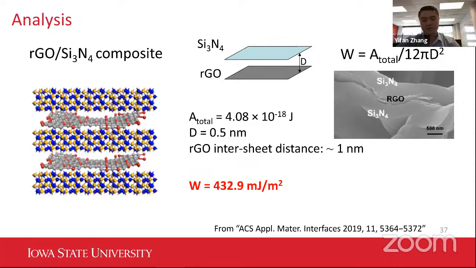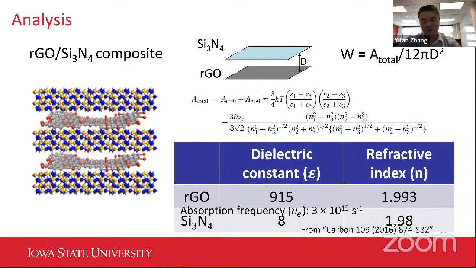Could you please go back to the previous slides? Probably this slide will give you the answer. Based on this model, the dielectric constant of the reduced graphene oxide is much higher than we have met in the lectures. If we apply this model to calculate the Hamaker constant, it is also much larger than the simple examples we have met in the course.